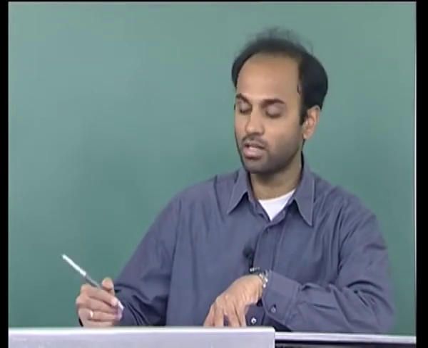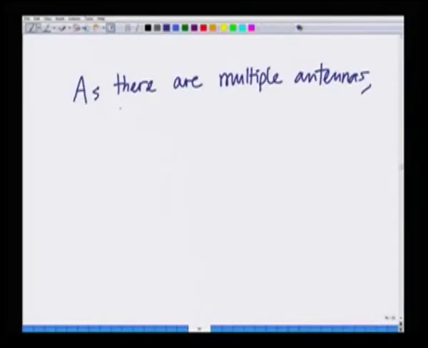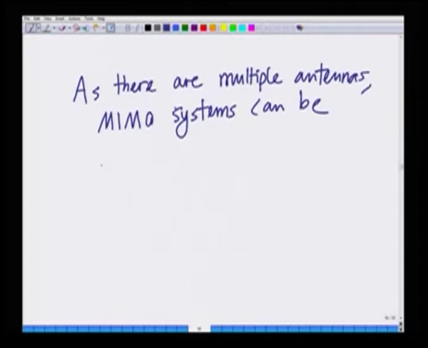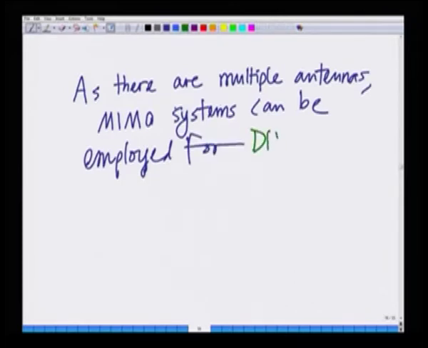As there are multiple antennas, MIMO systems can be employed for diversity.